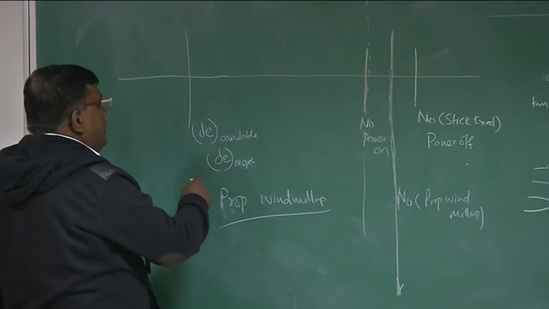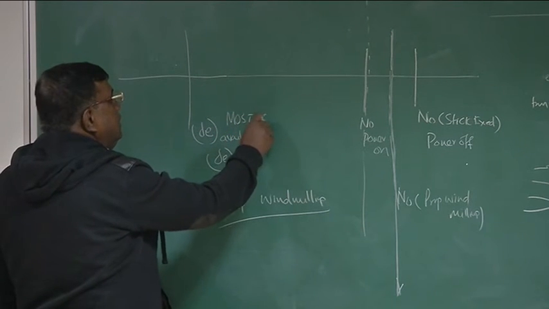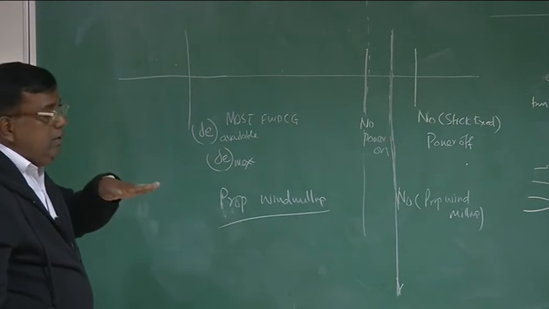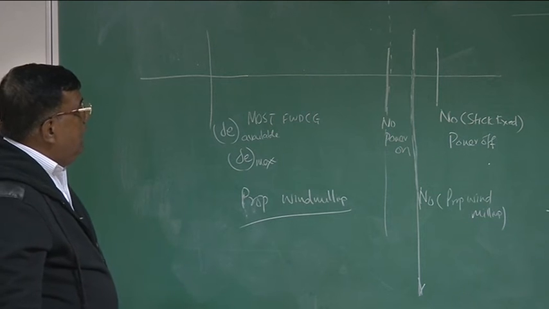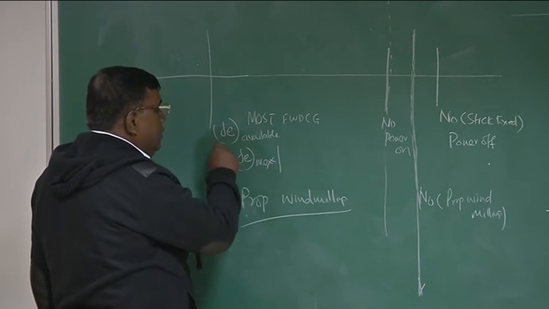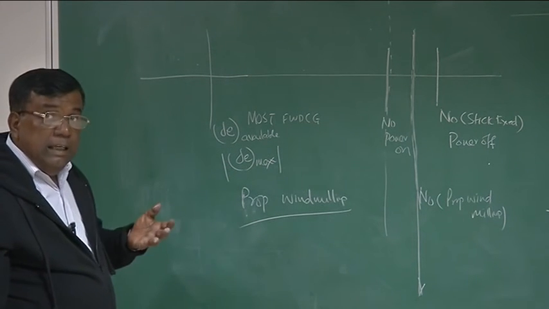But for the most forward CG, when the airplane is approaching like that, it is at a high CL max value, and we need to know that I have enough delta E max, we should be able to trim that CL, okay?